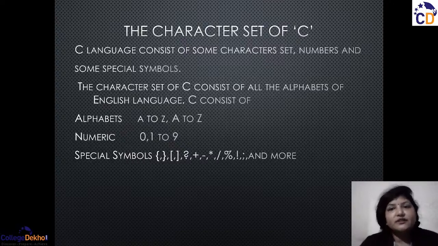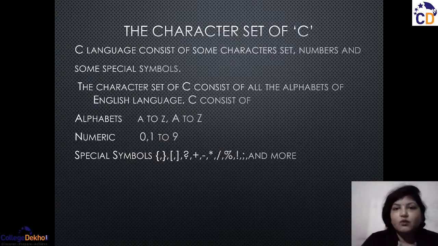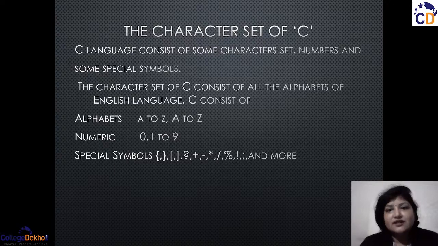Moving towards the basic part of C, we have the character set, how to define variables, how to use those variables. What is the character set of the C language? Basically, C consists of a character set of letters, numbers and special symbols, which has its own importance, roles and functions.